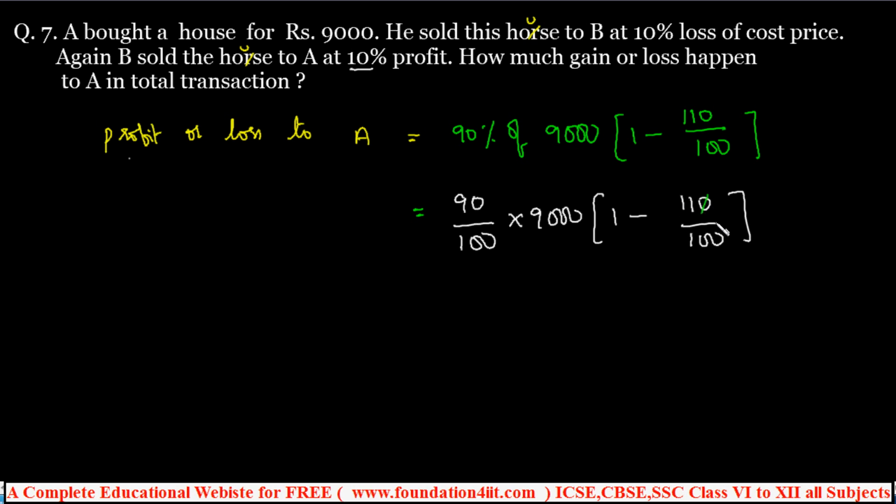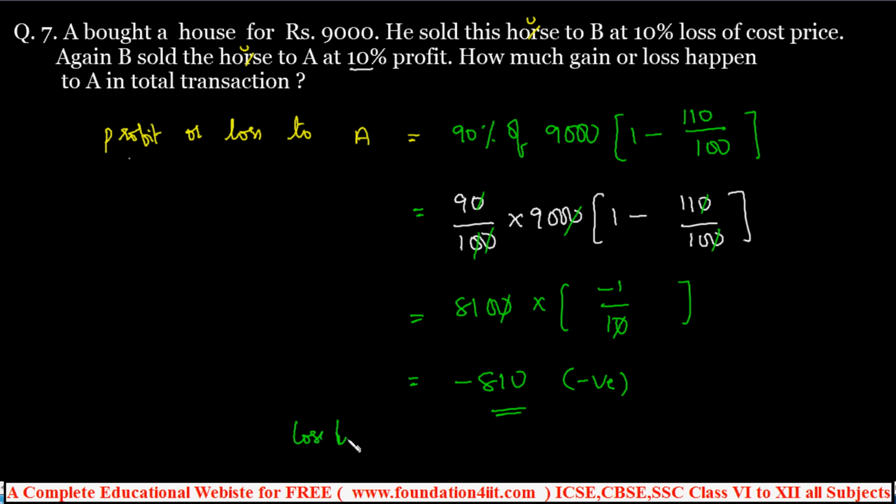The zeros cancel, and 9 into 900, so 8100 into 1 minus 11 by 10. So 10 minus 11, so minus 1 by 10 we are getting. If the zeros cancel, this is minus 810. So we got a negative answer, so the result is negative, and because the result is negative, it's a loss.